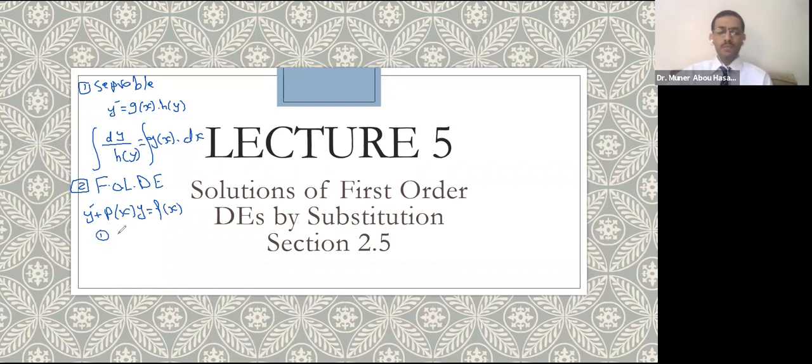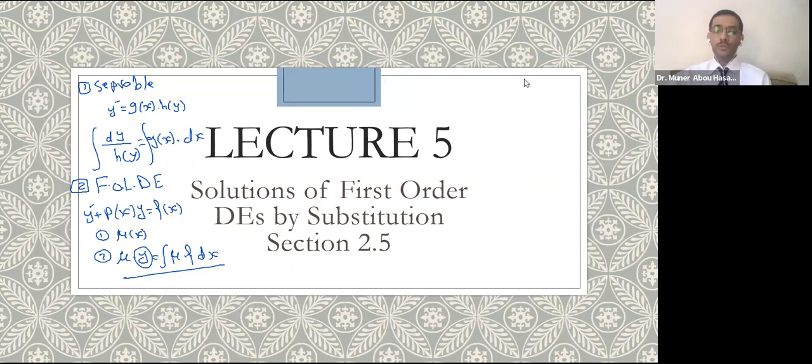The first step is to find the mu of x, and I think all of you remember the rule of mu of x. And the second step is to write the equation mu times y equal the integral of mu times f dx. By solving this equation, you will find y, which is the solution of your differential equation.